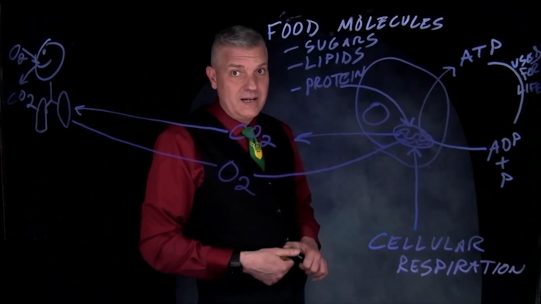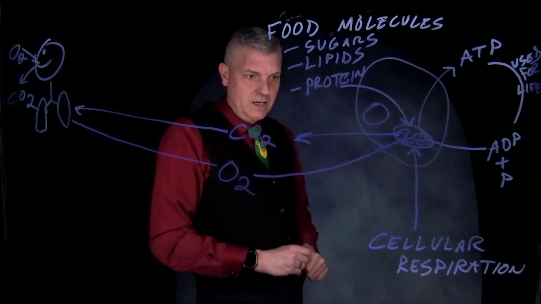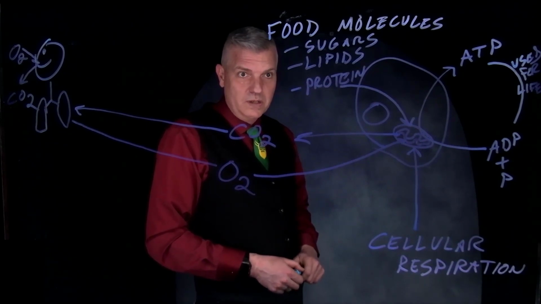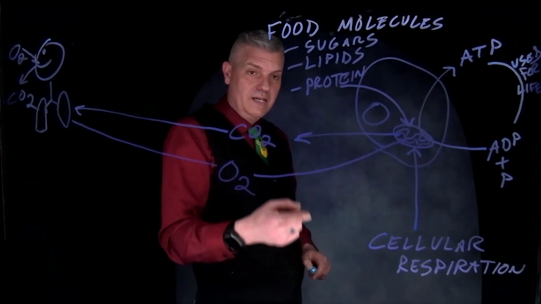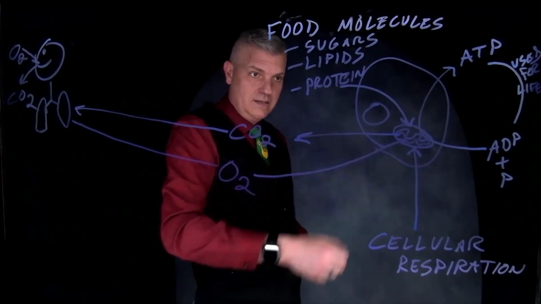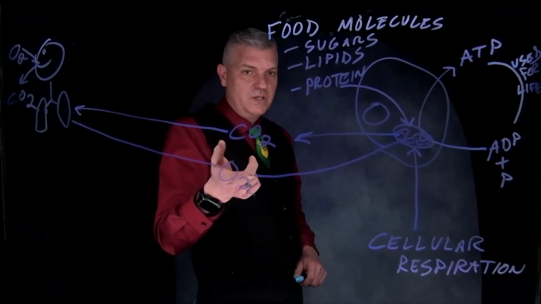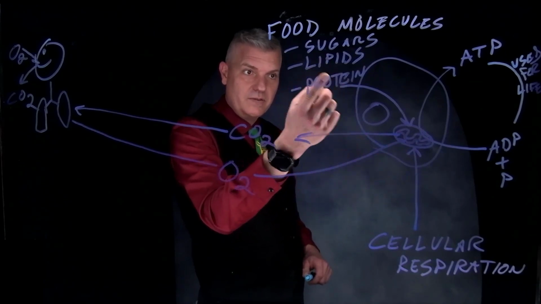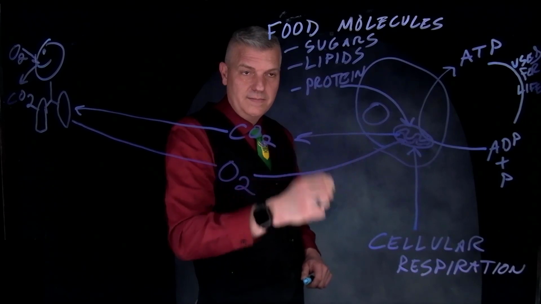And here I'm talking about not just human cells, but bacterial cells, etc. They all get energy, and we call that cellular respiration. In the case of human cells, this involves the exchange of two gases at the mitochondria, basically oxygen and CO2. Oxygen is used to get energy from the food molecules, and CO2 is a waste product from that process.